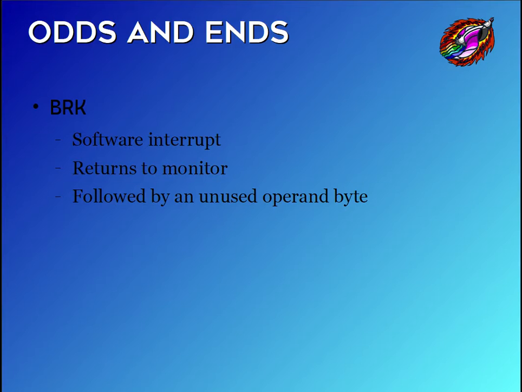Well, one nice thing that we're going to want to do here is to go back to the monitor, and the way on the C256 Foenix that you do that is to execute what's called the break instruction, BRK. This is what's called a software interrupt. It's kind of like a trap instruction or something like that.